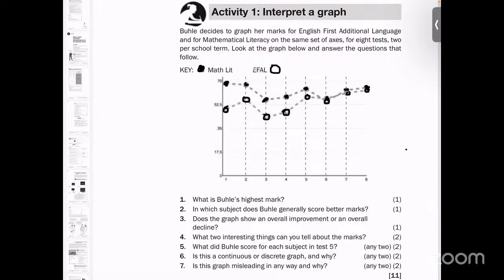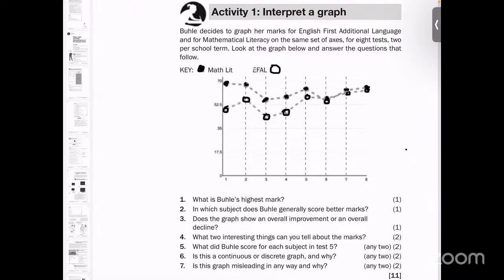Maybe compare that with the last tests. Something of that nature, something that you can notice as a trend. You say, okay, it looks like over time that gap is getting narrower, or maybe something like the other one is generally showing a decline and the other one looks like generally it is showing an upward trend.